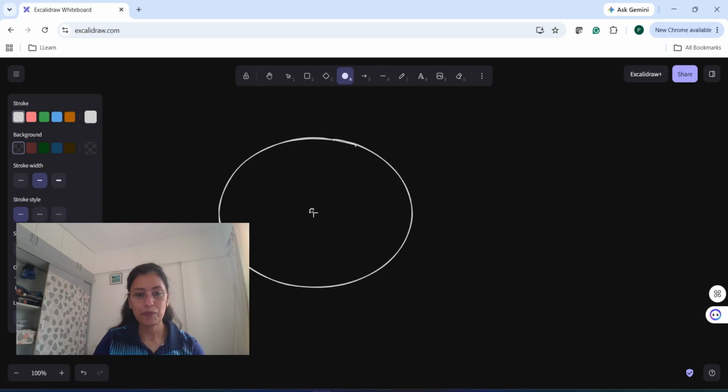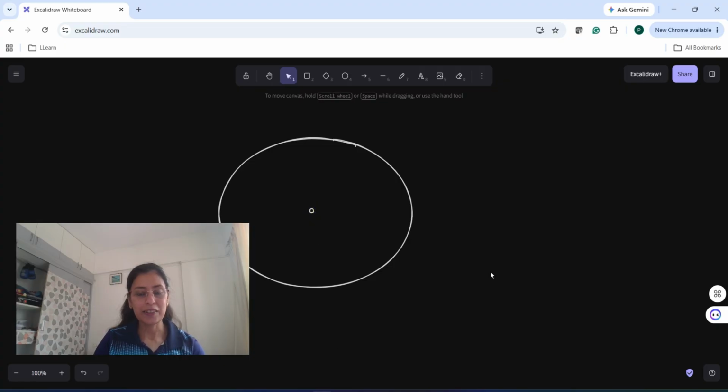Okay, so this is the center. Now, what exactly is the center of a circle? The center of a circle is a point from which any other point on the circle is at the same distance.